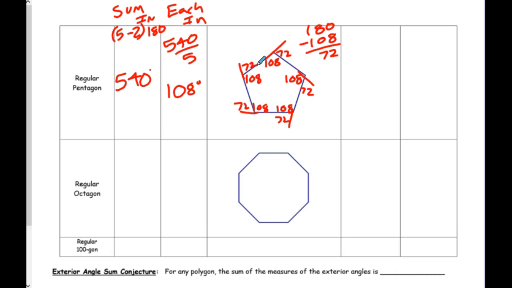Okay. So let's write right here, 72 degrees. And again, if I have 5 of them, I'm going to do 72 times 5, which is 360.